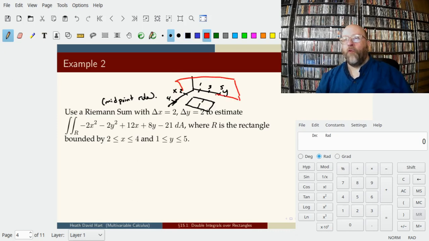But there's some graph over this rectangle. And what we're looking to do is estimate the volume of these rectangular boxes now. And the volume of a box is the length times the width times the height. So we have 2 boxes. I'll go back to black here.